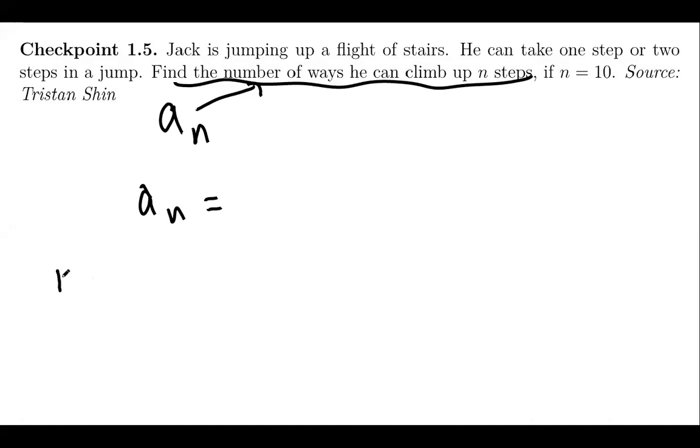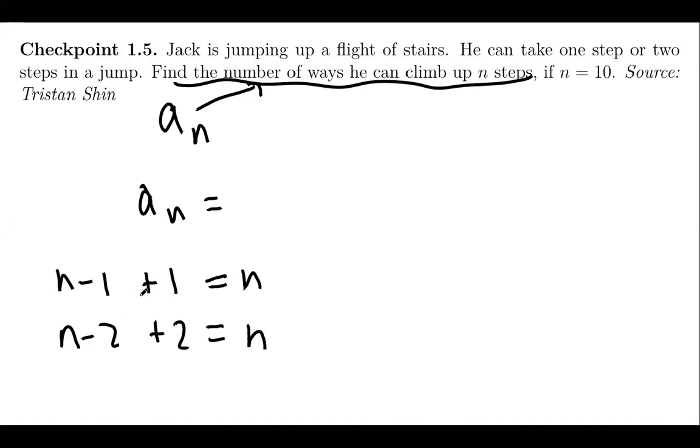So let's say he's at step n minus 1. He takes a 1 step jump, and that means he's now at step n. Alternatively, he can start at the n minus 2 step, take a 2 step jump, and now he's at n as well.